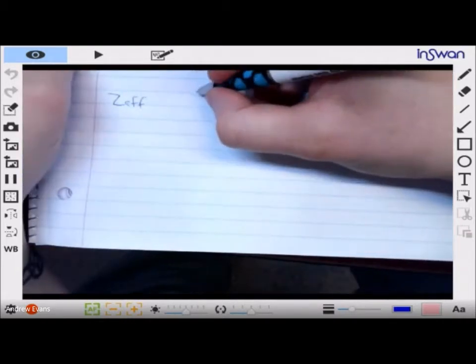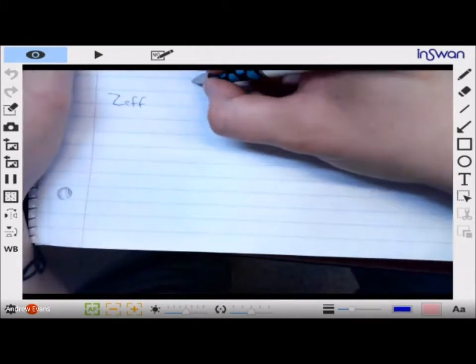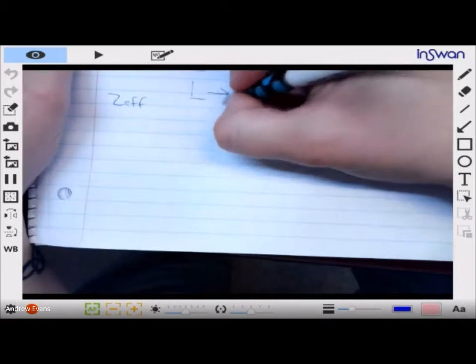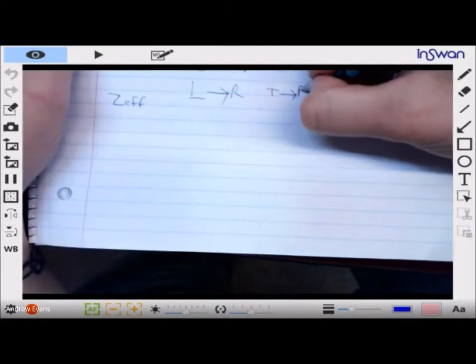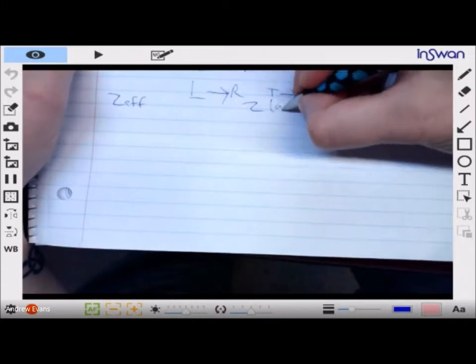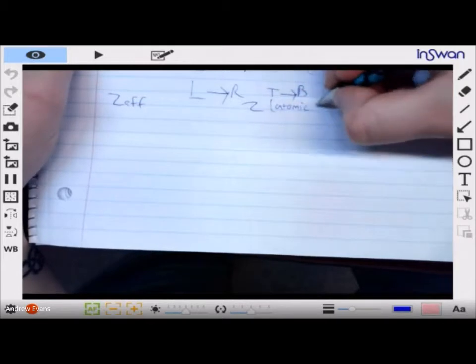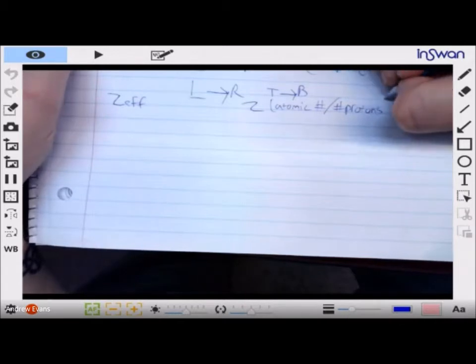As we move from left to right, top to bottom, the Z, our atomic number of protons, is going to be increasing no matter what we do.